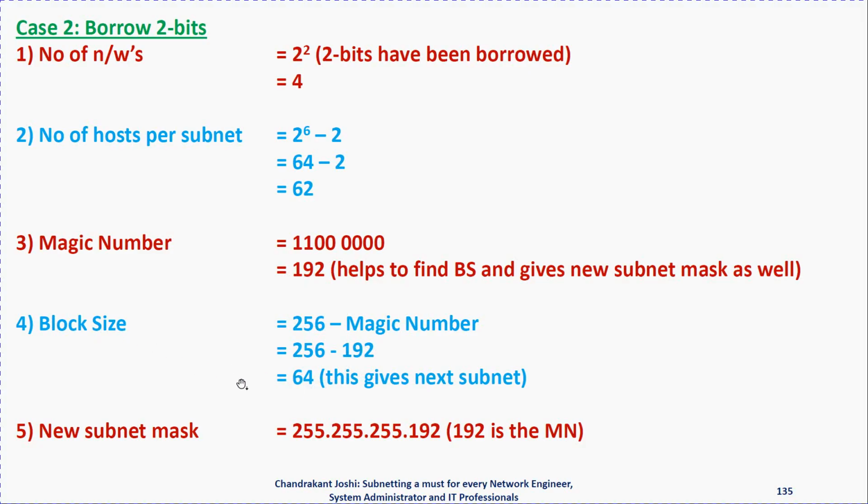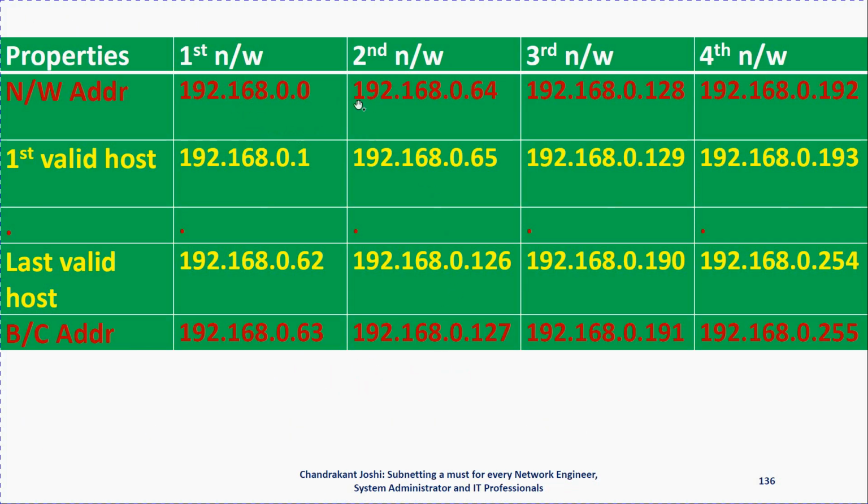Now this value gives us the next subnet. So my first subnet is 192.168.0.0. So the second will be 192.168.0.64. So we get this value from the block size. Now to get the third subnet, again add 64 to this value.